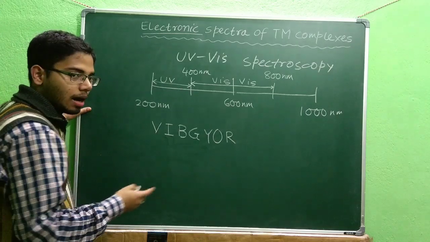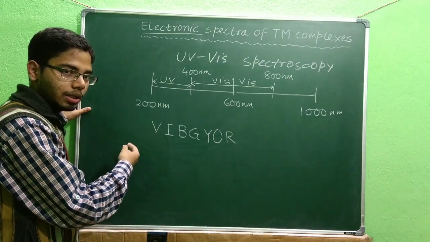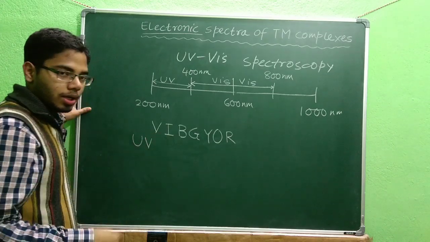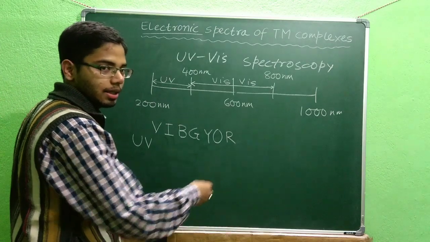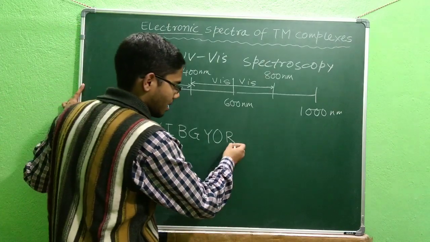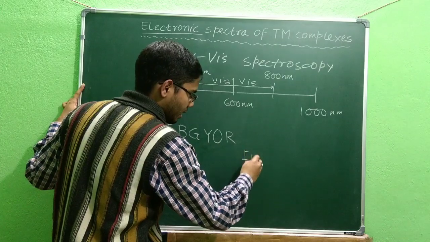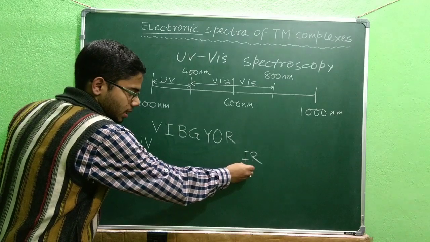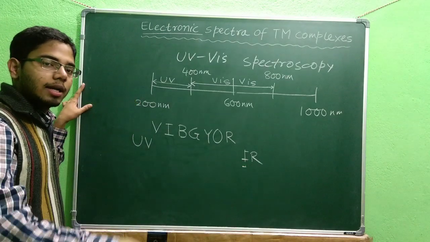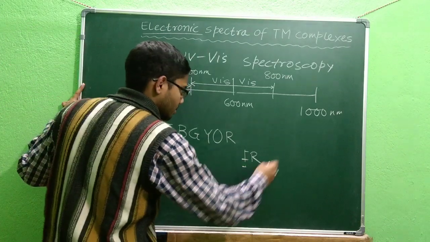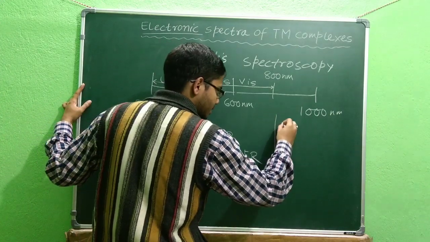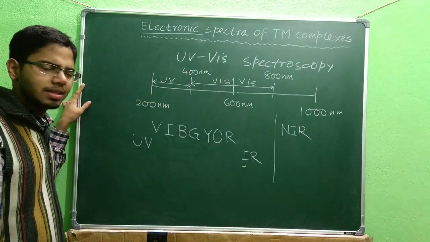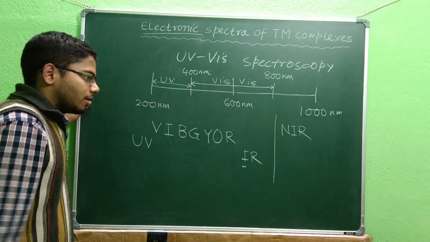Now what is UV? Ultraviolet, that means it remains before violet. And what is IR? It is infrared, that is after red. So this range is basically your near IR range, or NIR. If you are doing some research, you may have heard of this NIR region.